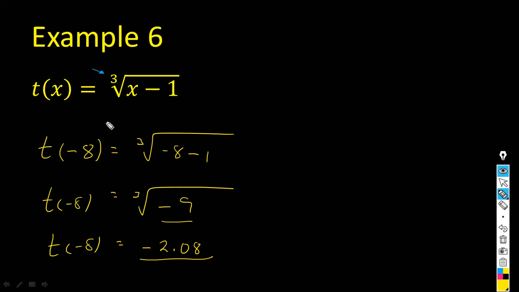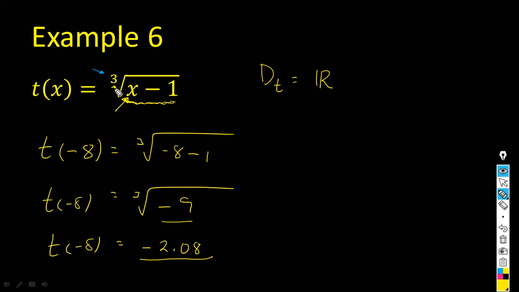So in the case of cubic roots, we don't have to worry about anything. We can evaluate these functions in any number x and nothing weird is going to happen. This function t will not crash. So the domain for t is all the real numbers. Don't think that every single time you see a root, you have to be cautious about the domain.